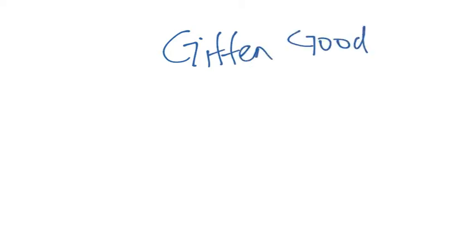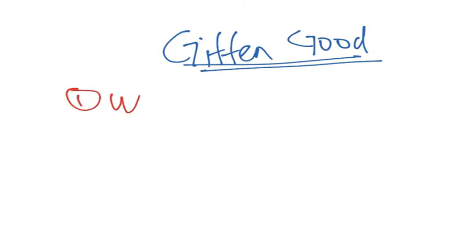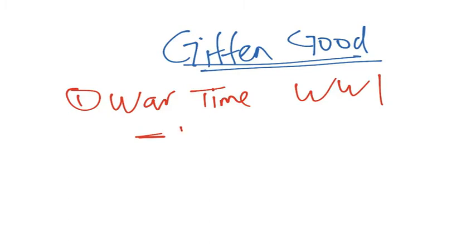You can actually search for Giffen good online for more information, but I'll just give you a very simple example. Let's say now it's wartime. Let's say it's now World War One. And one example of a Giffen good is potato.